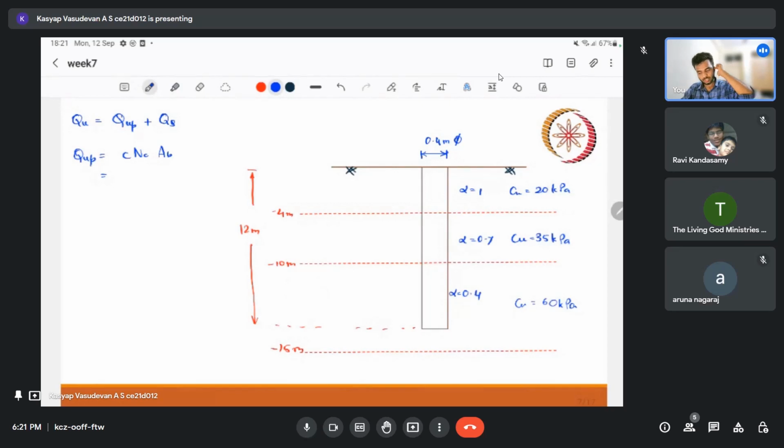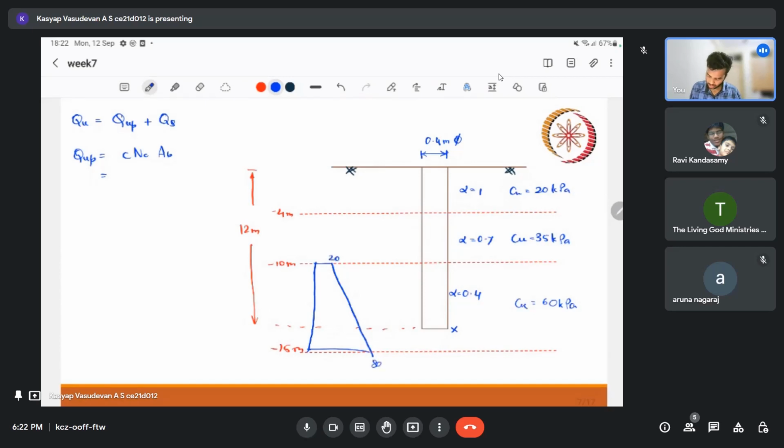Strictly speaking, we need the exact Cu value at the tip of the pile, but it's quite clear that it's in the same layer as Cu equal to 60, so we can take 60. But sometimes they might give a varying Cu value, say from 20 to 80.